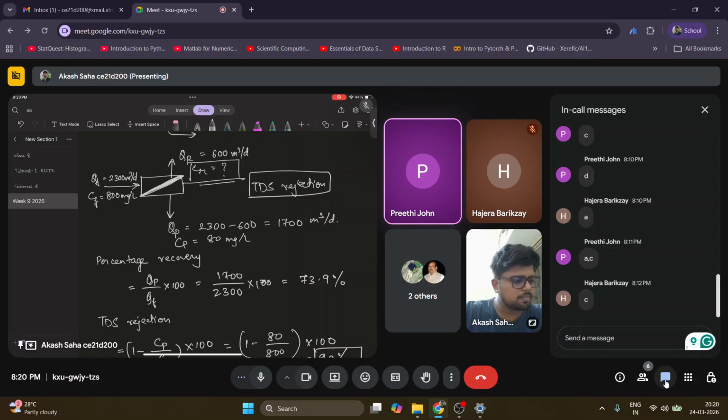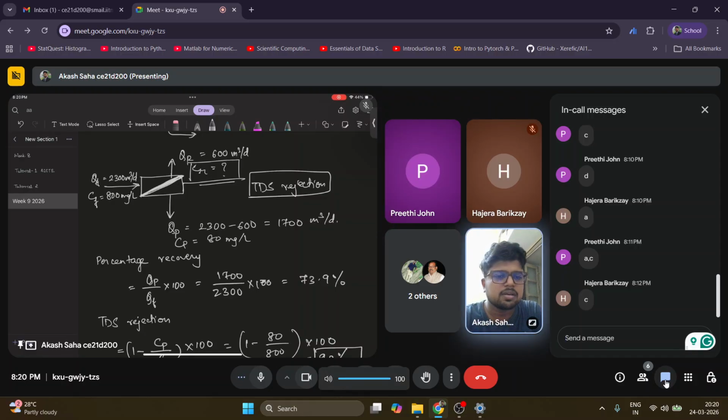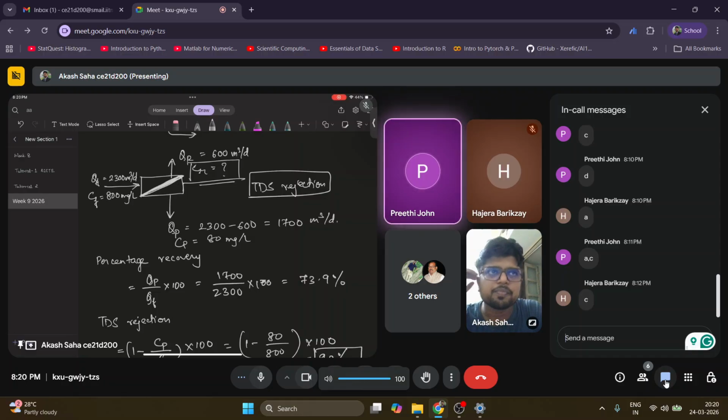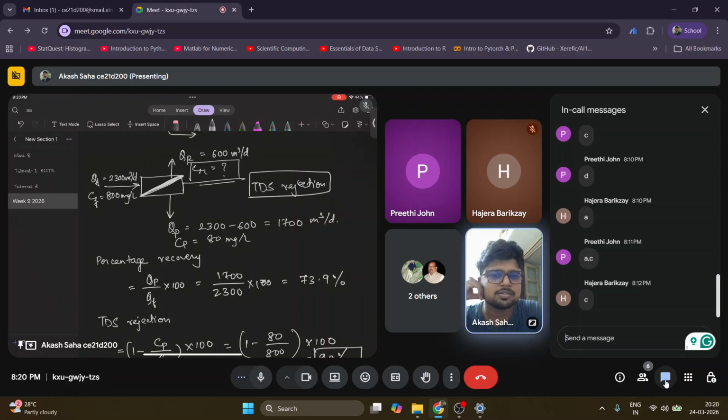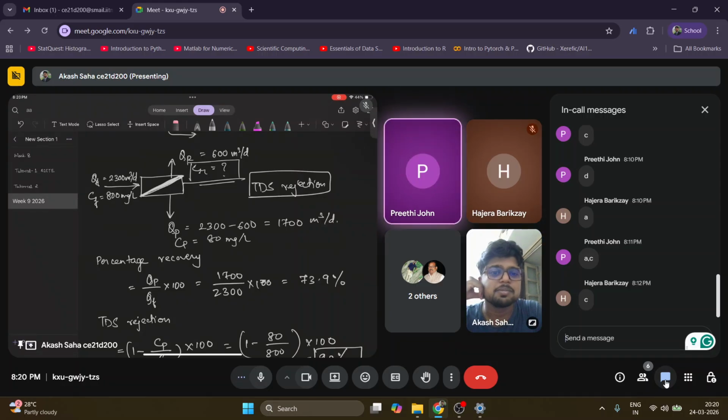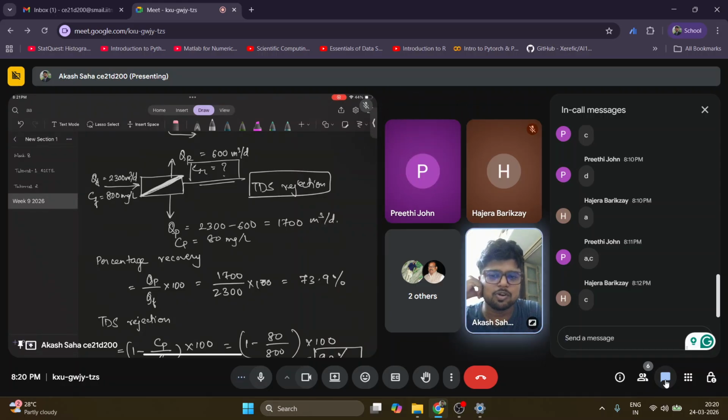Yes, you have to do CR is equal to QF into CF plus QP into CP. Will it be plus or minus? Minus. Minus, yeah, because that part is going out.